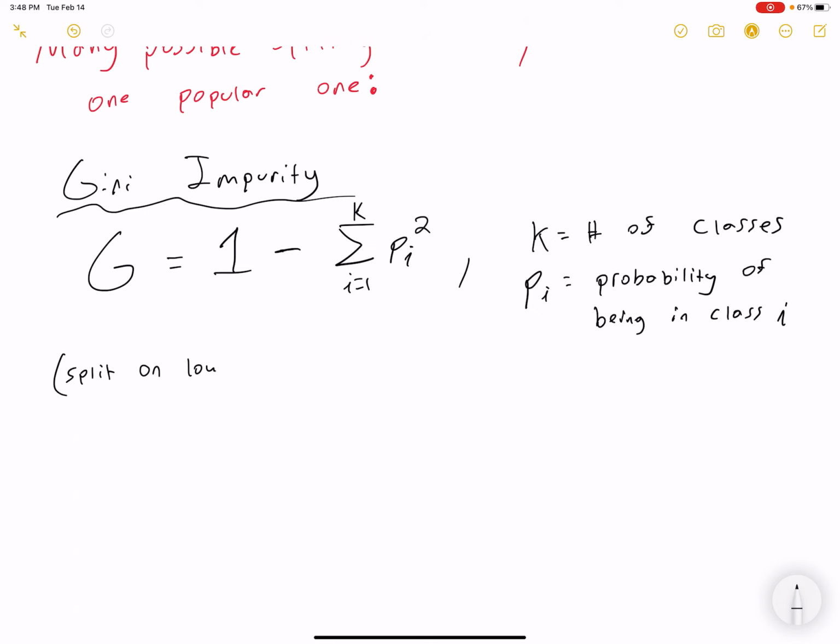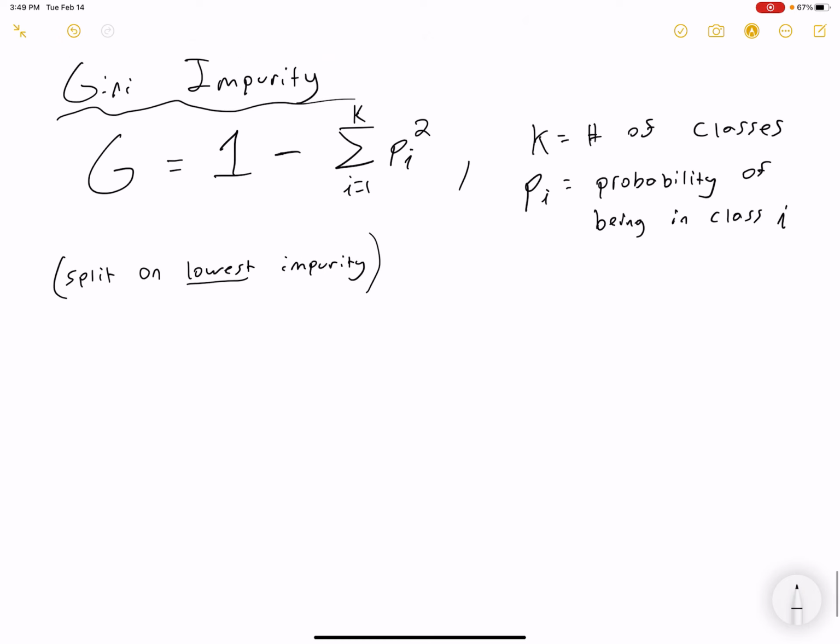So in the case of Gini impurity, we split on the lowest impurity, which is in contrast to some other metrics where conceptually we'd want to split on the highest of those metrics. So to get a little bit of intuition as to why this is a good metric, let's look at an example of high impurity and low impurity. So high impurity, the maximum impurity is when you have the same probability for each class.